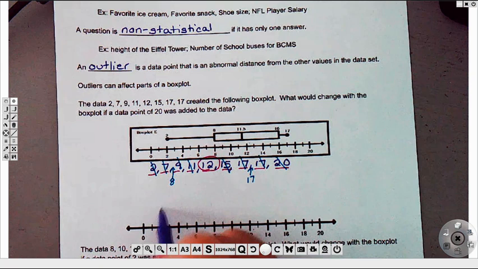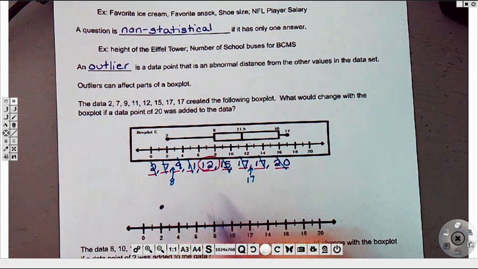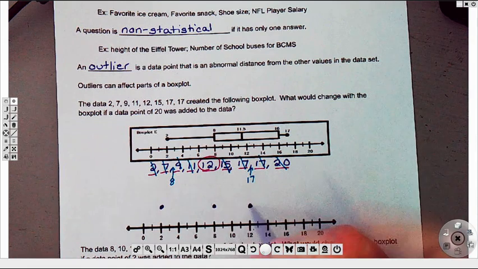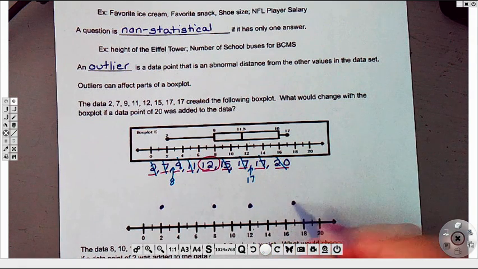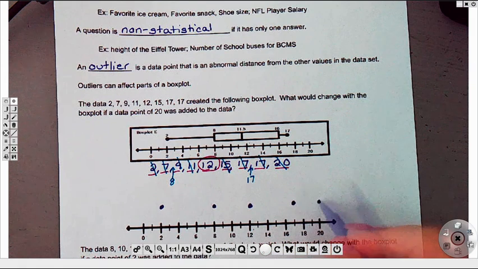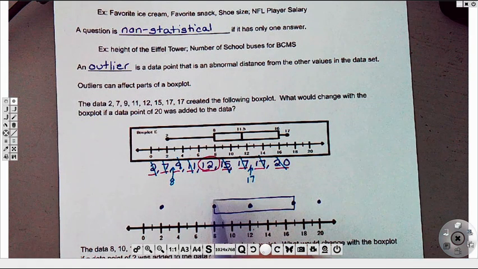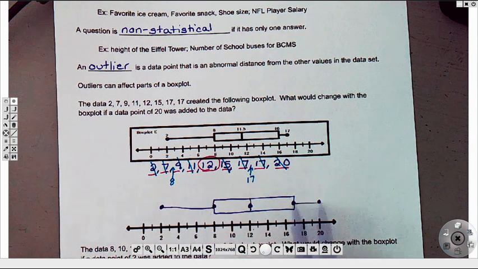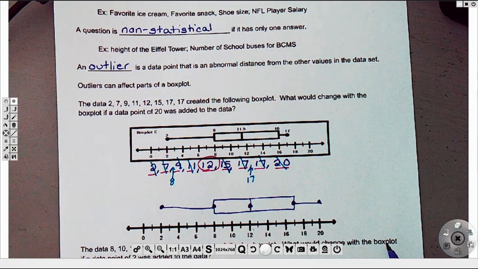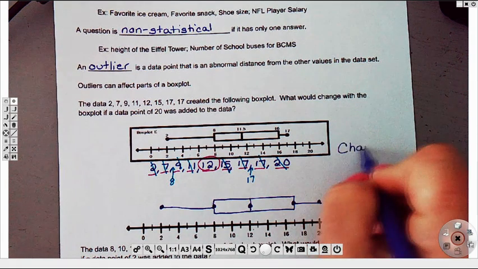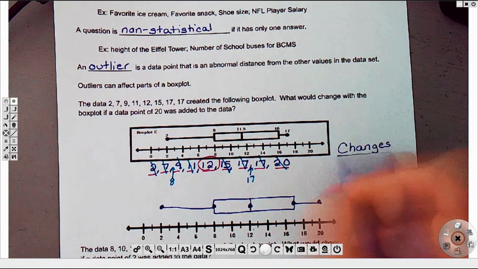So I have 2, 8, 12, 17, and 20. I'm going to do my box, my median, and my whiskers. Now, if I notice the following pieces of my box plot changes.